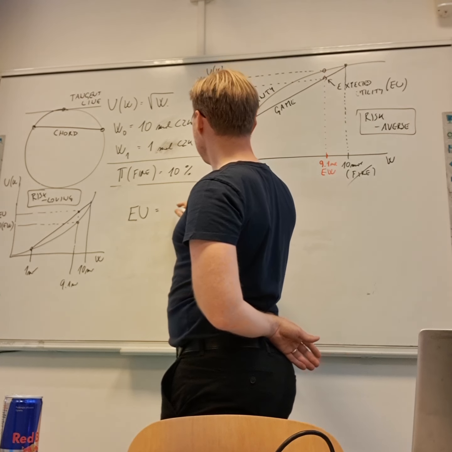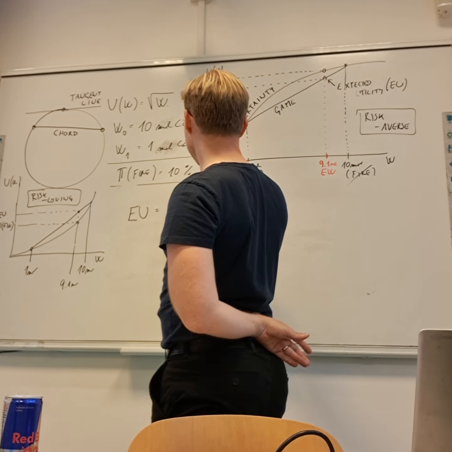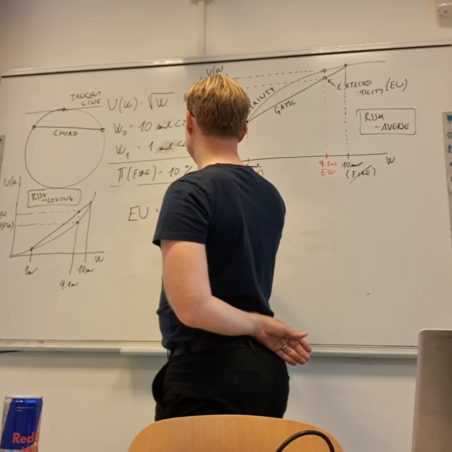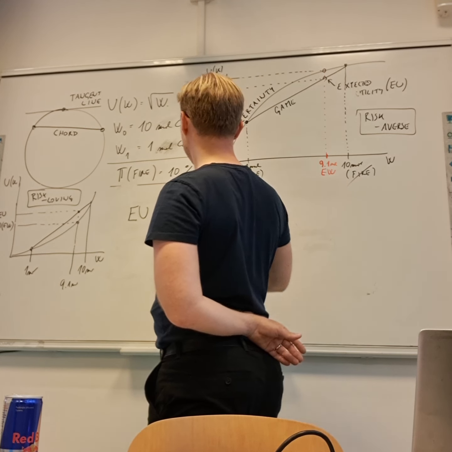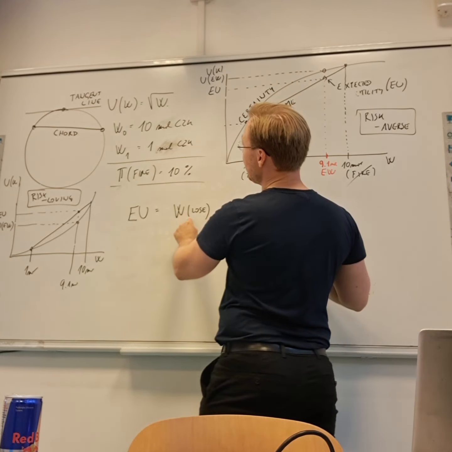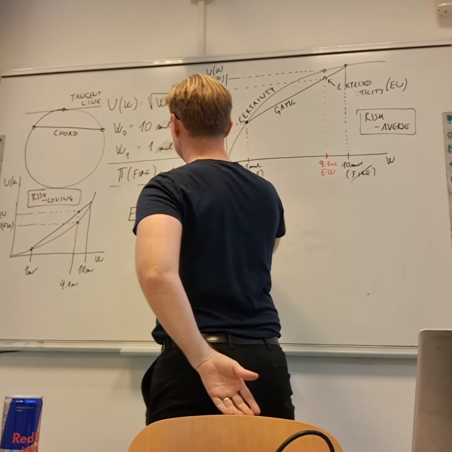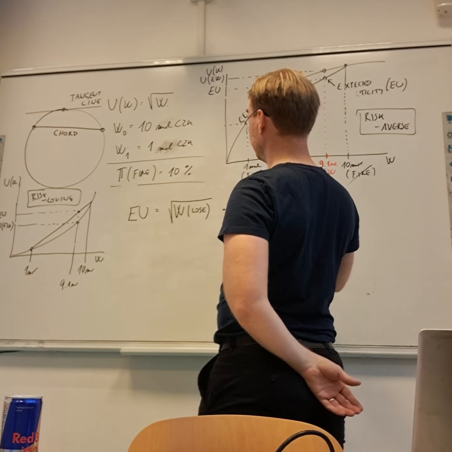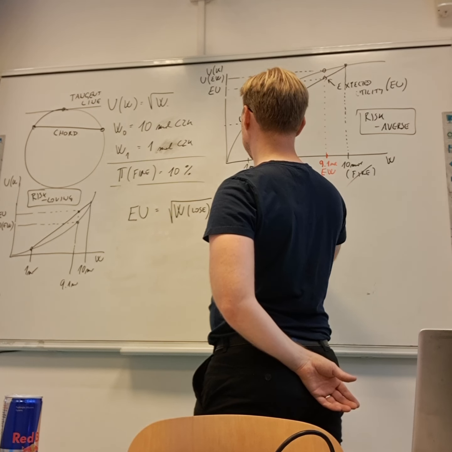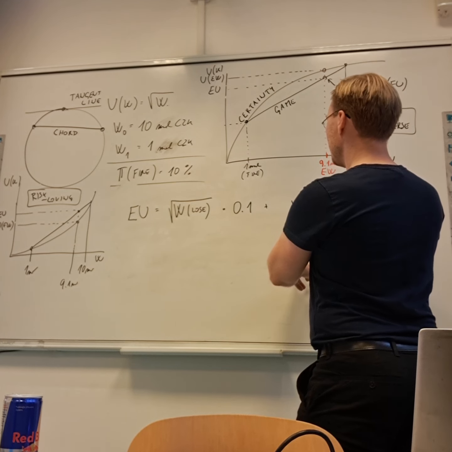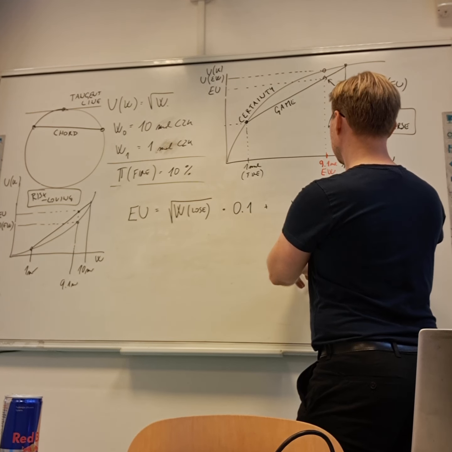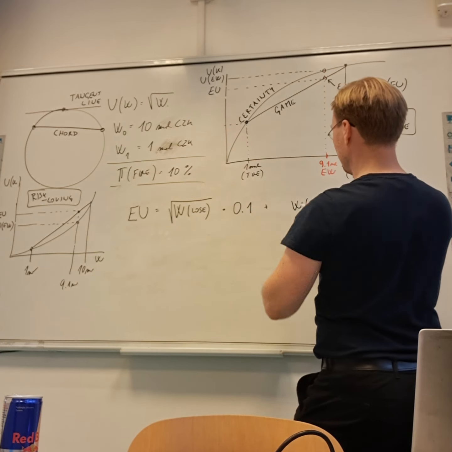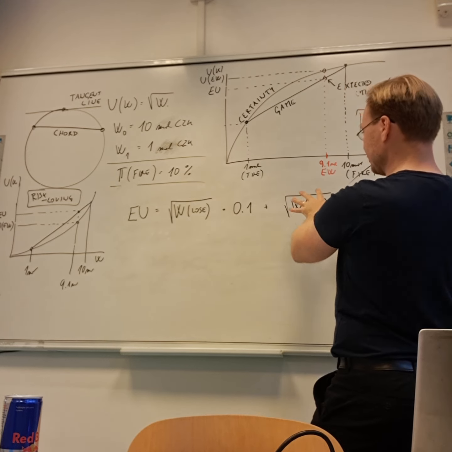We take the wealth in case of loss, and we calculate the utility of it times the probability that this will happen, plus the wealth that I will win. It means nothing will change. I will keep my house, 10 million. The utility of this sum of money times the probability that I will have this sum of money.